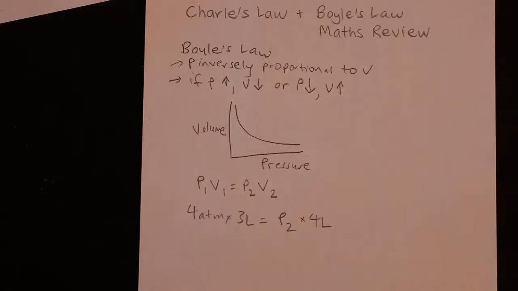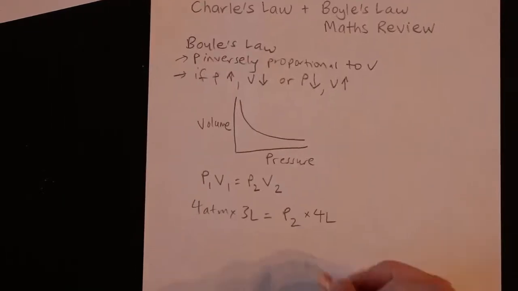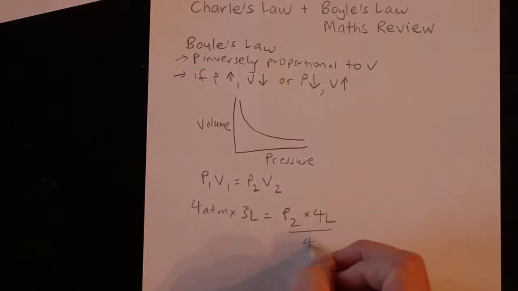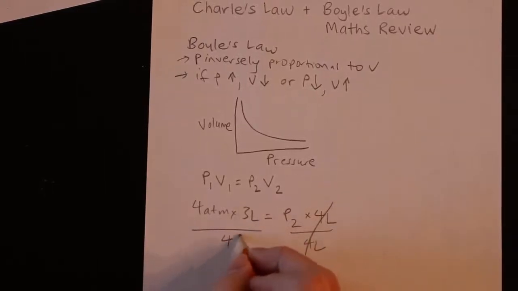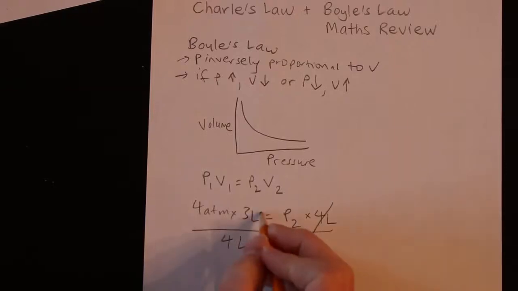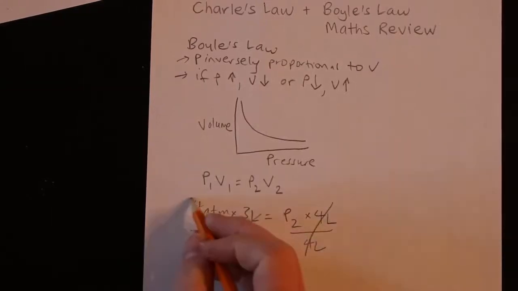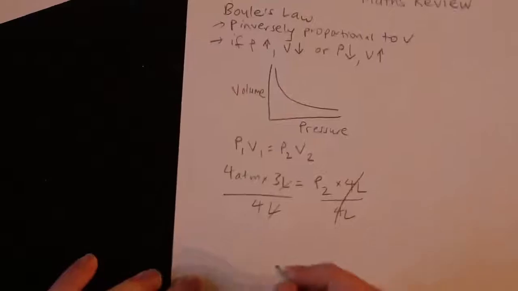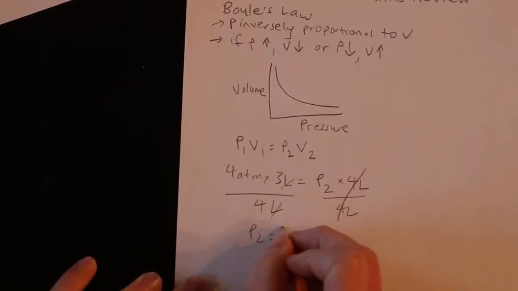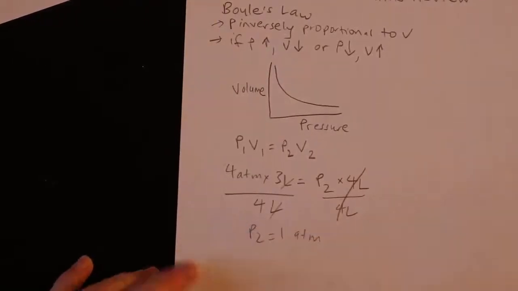And in all of these Boyle's law questions, we're always going to end up dividing to get our unknown by itself. So we're just going to end up dividing both sides by 4 L, so it cancels, leaving P2 by itself. And dividing that side by 4 liters as well. The units of liters cancel. 4 divided by 4 is 1. So P2 is 1 atmosphere.